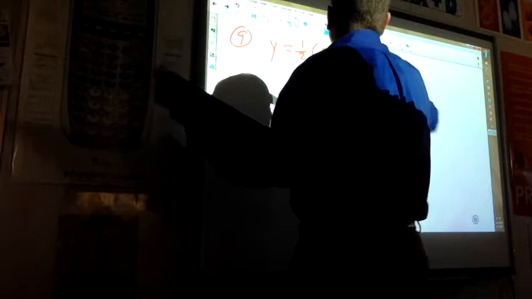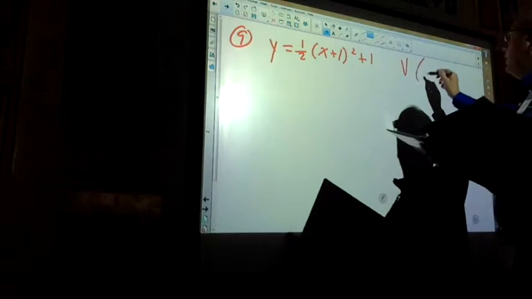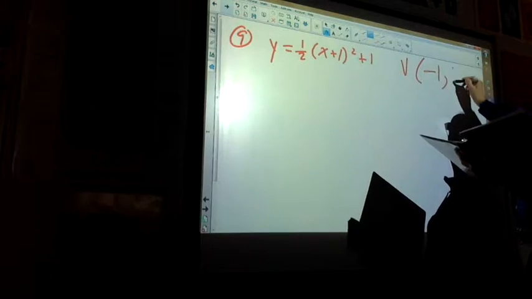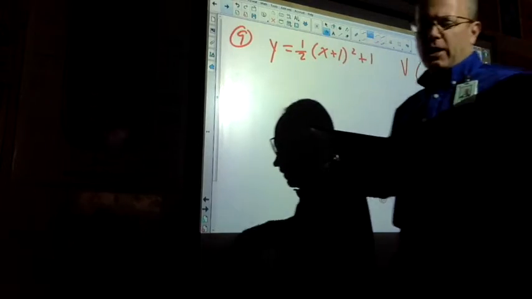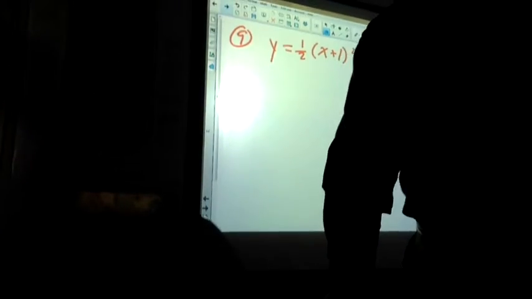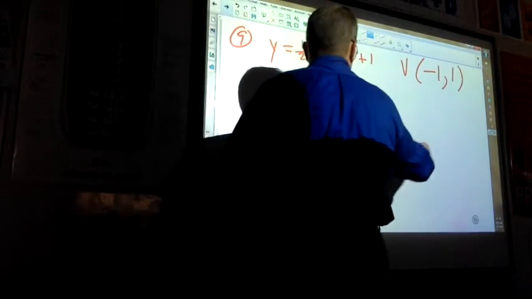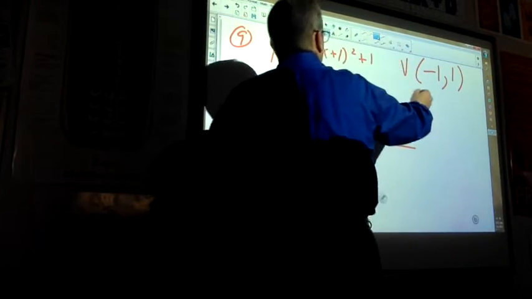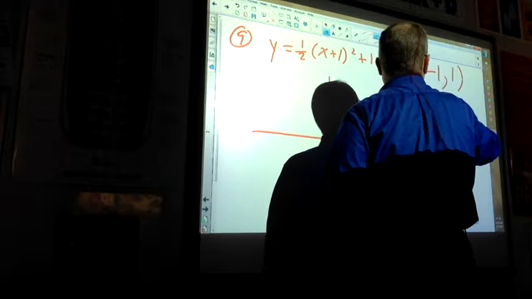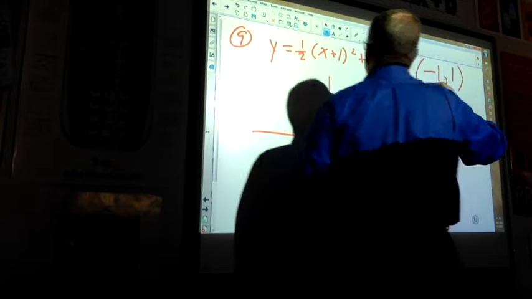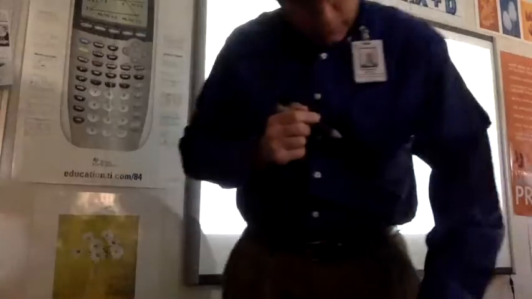Good. All right, it's in vertex form, so it'll tell me what my vertex is. Remember, it's opposite inside, same outside. Are you going to have to define the form on the test? Maybe. It's 1/2 x plus 1 squared plus 2. Not plus 2. Oh, it's plus 2? That's a 2 here?